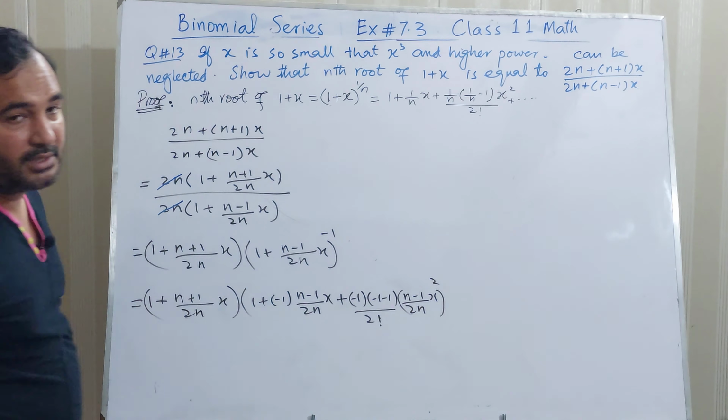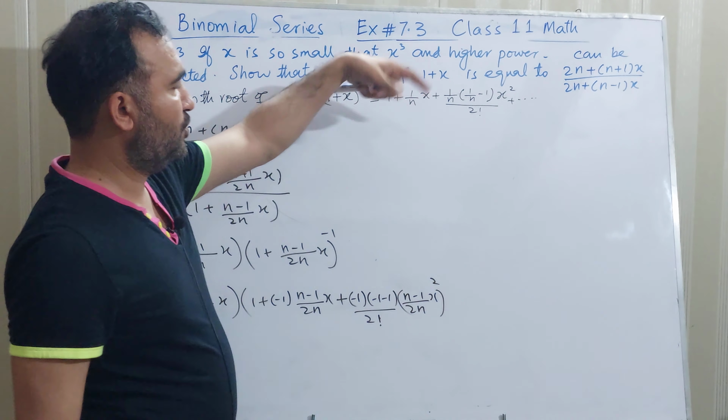And we are not going to write the third term, which is x cubed, because it said to ignore x cubed and higher powers, right?